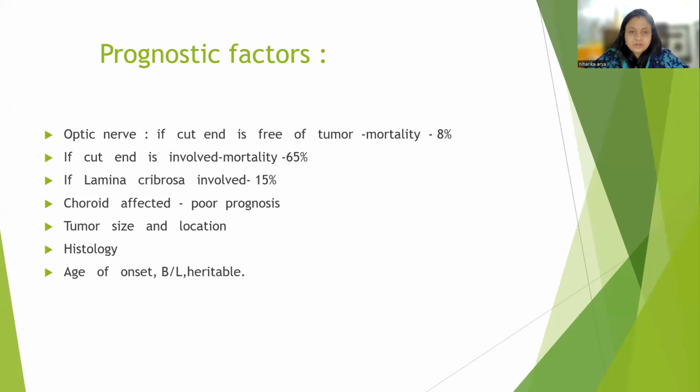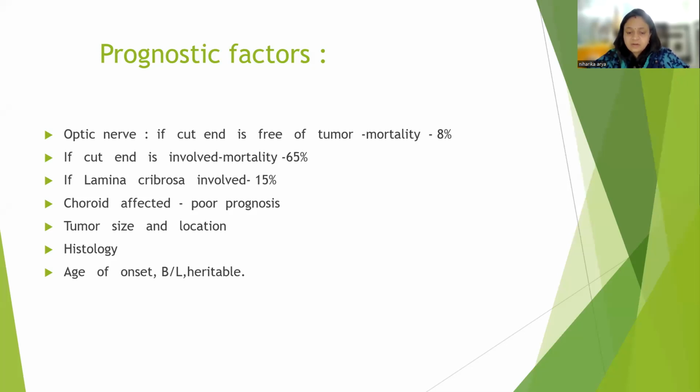So these are the prognostic factors, the factors which will give a good result, a good prognosis. First is the optic nerve. If the cut end is free of tumor, then the mortality will be only 8%.